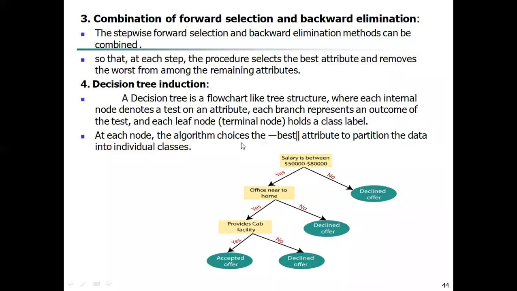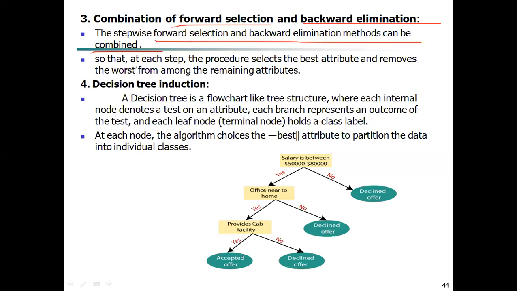After this, what is the third one? The third one is a combination of forward selection and backward elimination. Here, forward selection and backward elimination methods can be combined in this third method. First, you go for forward selection in one step. Second, backward elimination.